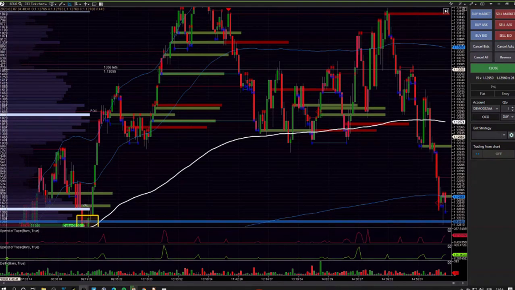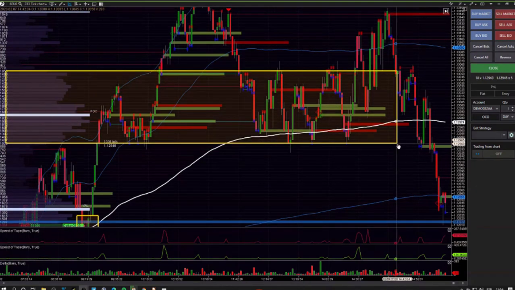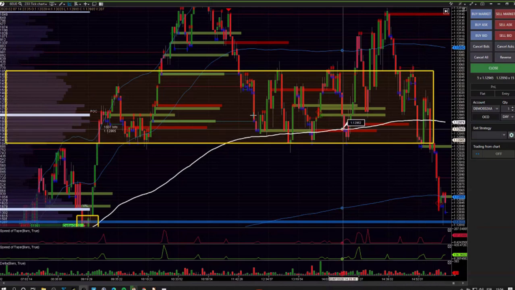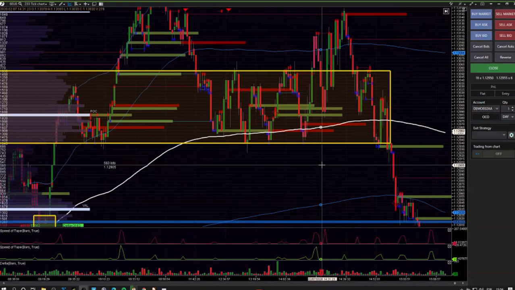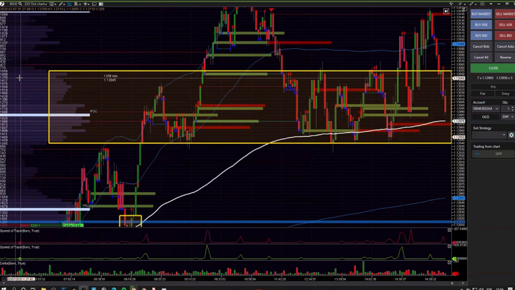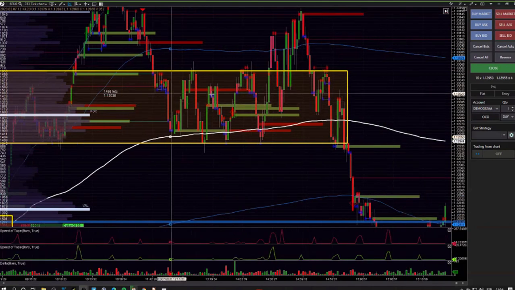We can put a rectangle here. Just by looking at the numbers, not the candles, if you put a rectangle around this volume, you can see that most of the trades were made in this area.